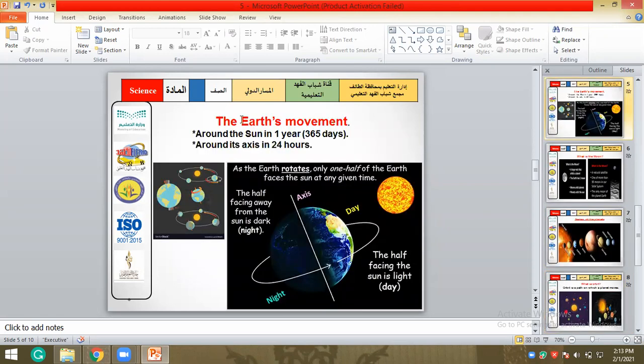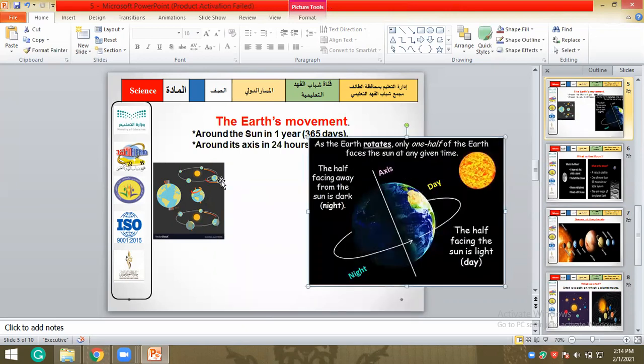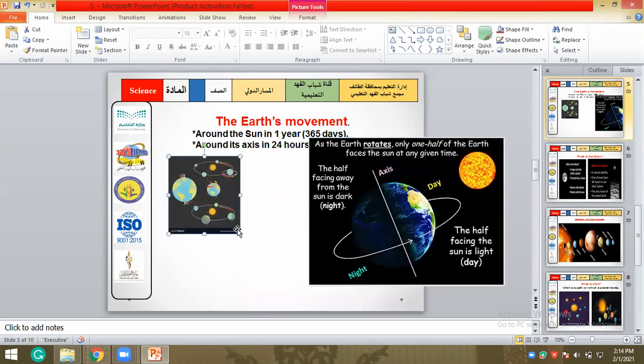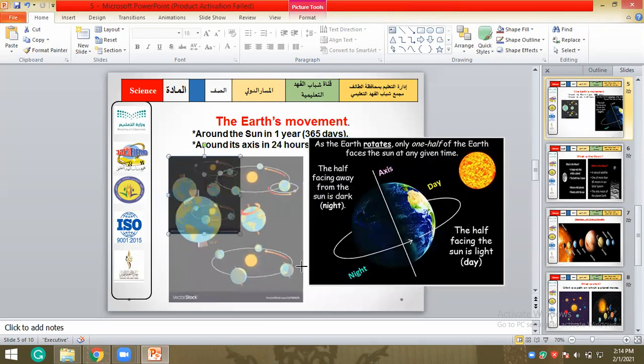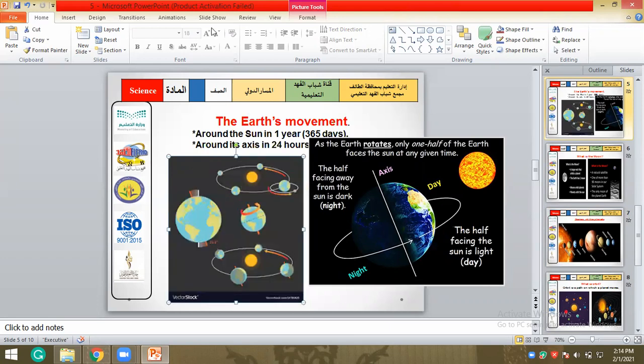Okay. The Earth's movement: around the sun, in 1 year the Earth completes its circle around the sun. Here you can see the Earth is moving. Okay, let me make it bigger for you. Look, there are two kinds of movements of the Earth.